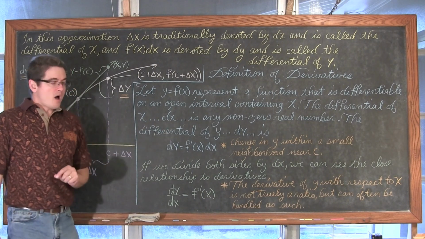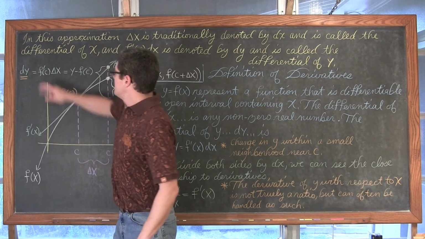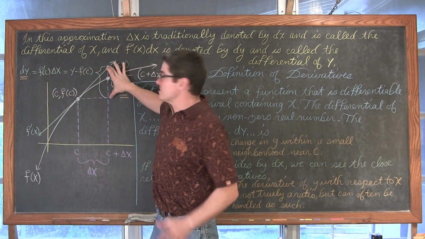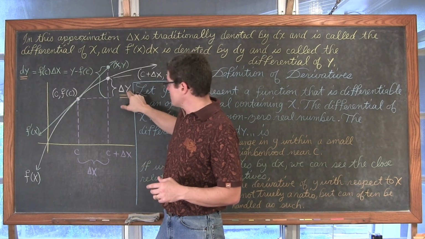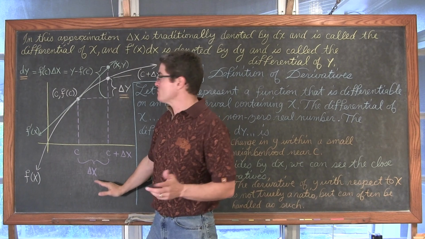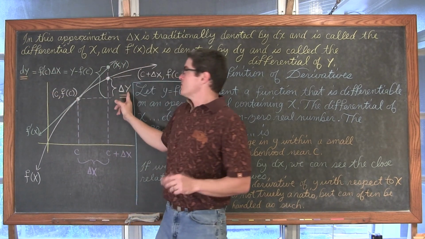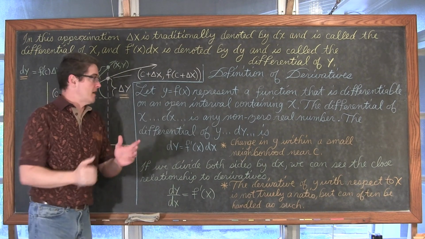The differential of y, labeled as dy, is, before we finish this, remember, dy is going to estimate, or is going to be the change in y for the tangent line, while delta y is the change in y for the actual function, and if this delta x is small enough, your dy, your differential of y, is going to estimate delta y. Now, they're not the same thing.